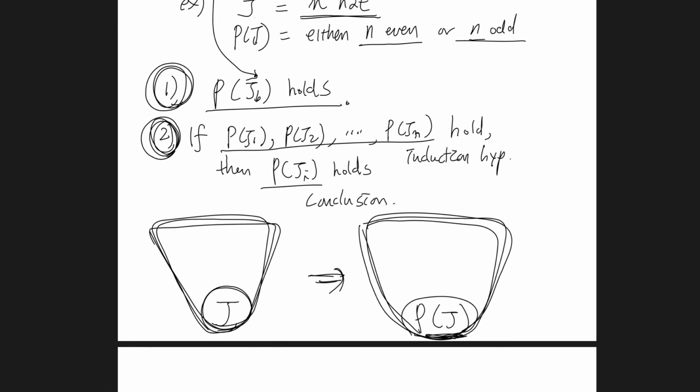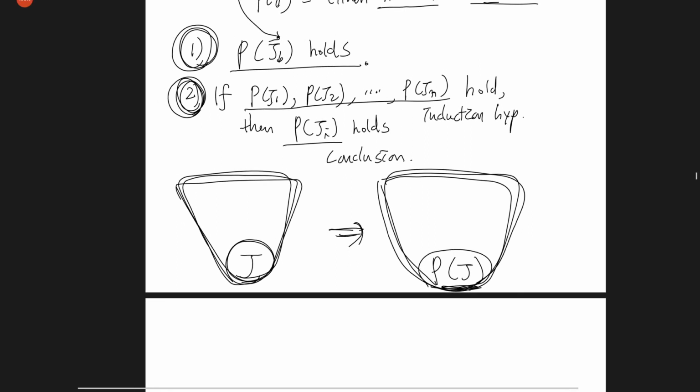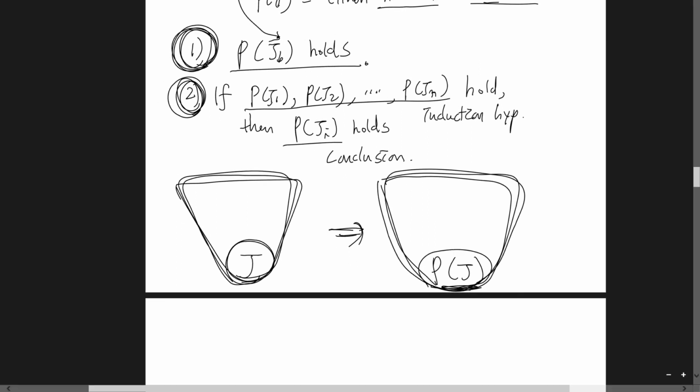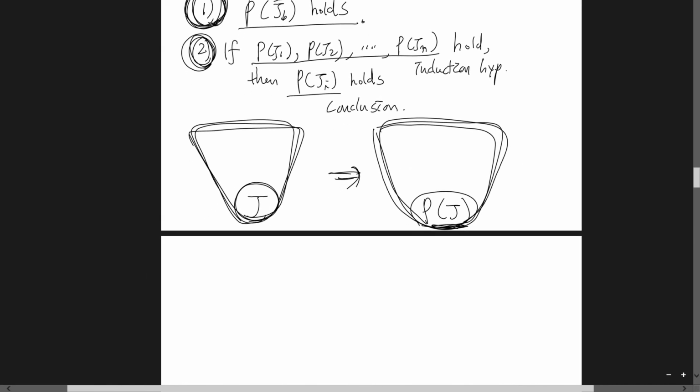To see why, notice that from this first statement, we can imagine that there is an inference rule of this form, P of JB, because this statement says P of JB holds. And from this statement, we can imagine that there is another inference rule of this form.